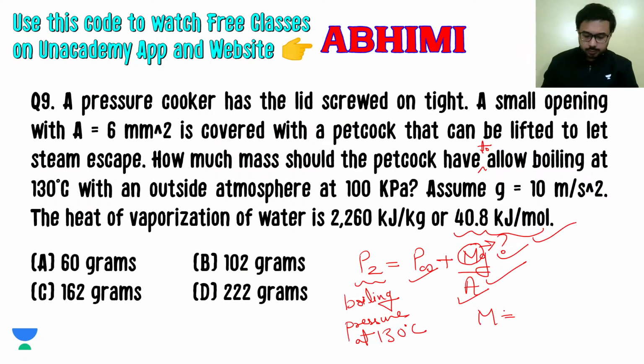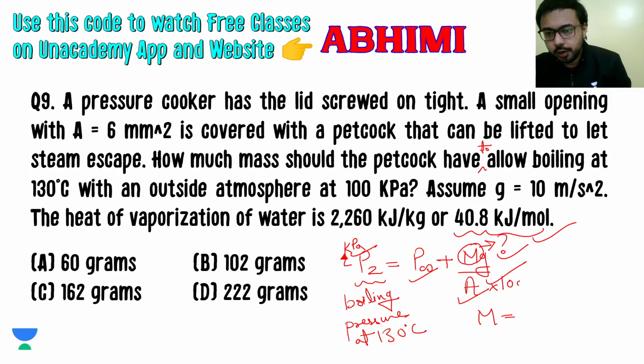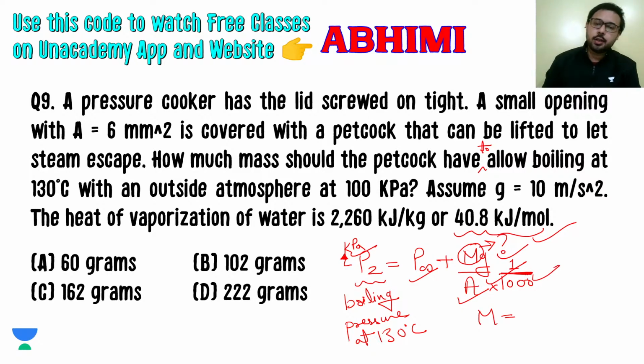So here, if you are putting this in kilopascal, then remember to divide this term by 1000 to get the kilopascal unit, so that you can sum it with a term containing kilopascal units.